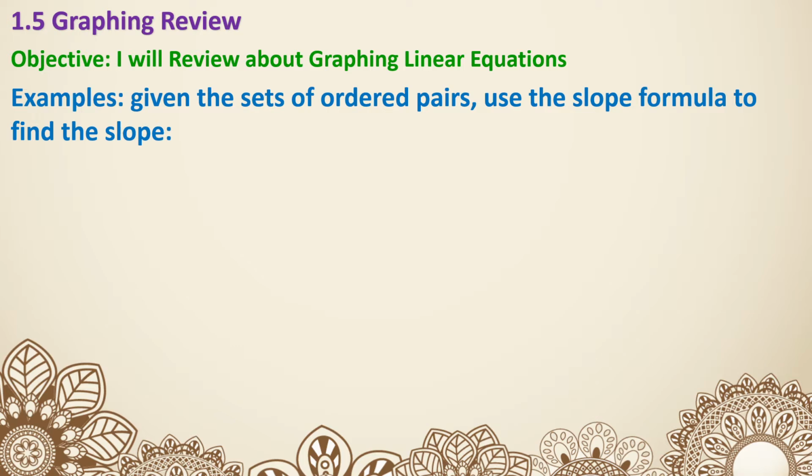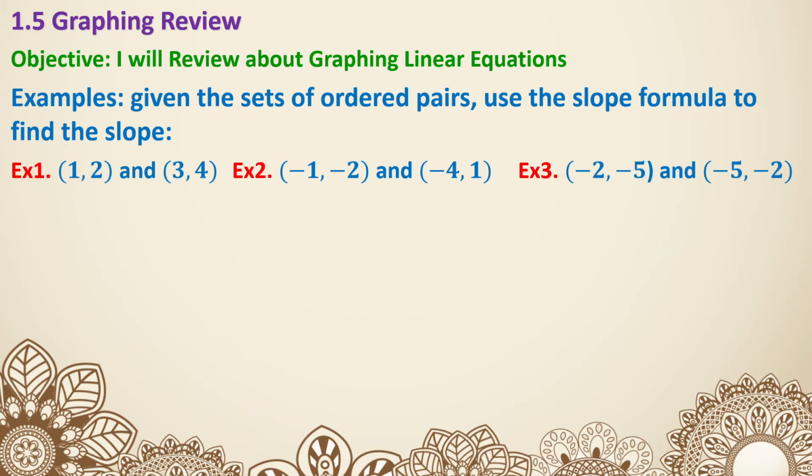Here are some examples of how to find the slope. y2 minus y1 over x2 minus x1. And if you're like, wait, there are 4 different numbers, I don't know which one is which. Whenever you see 2 points, you can always start labeling them: x1, y1, x2, y2.